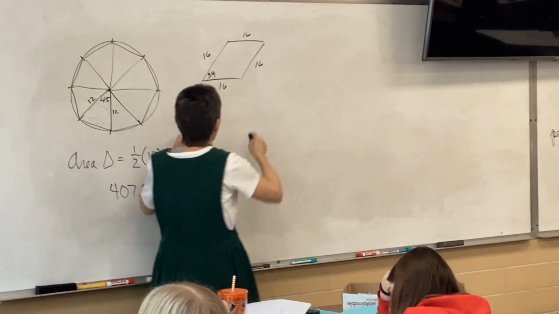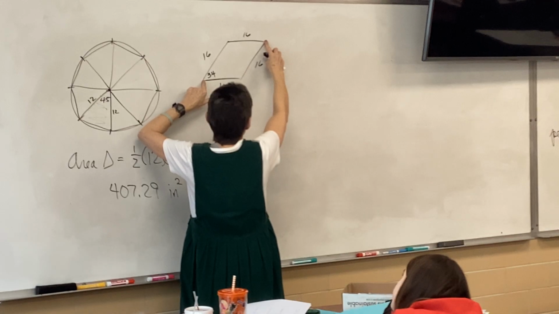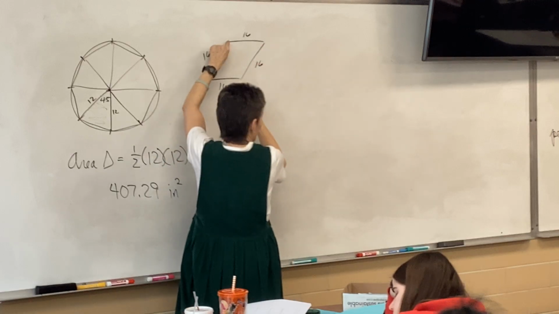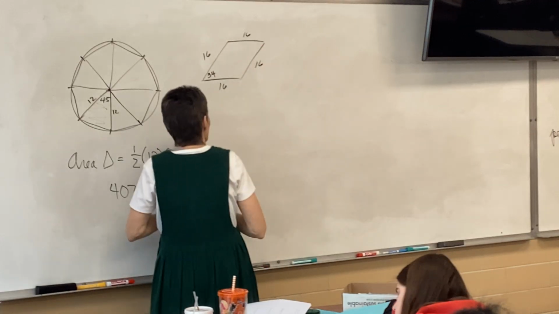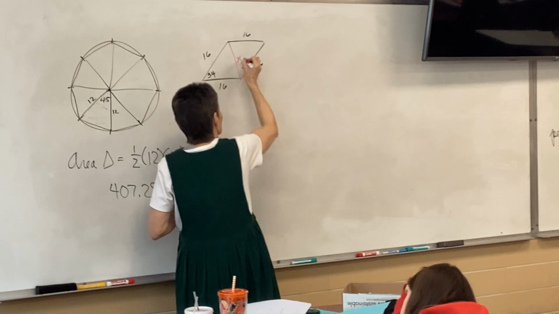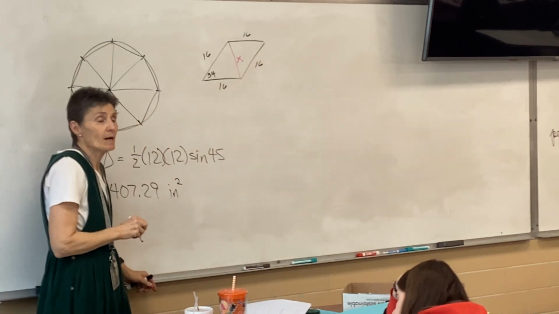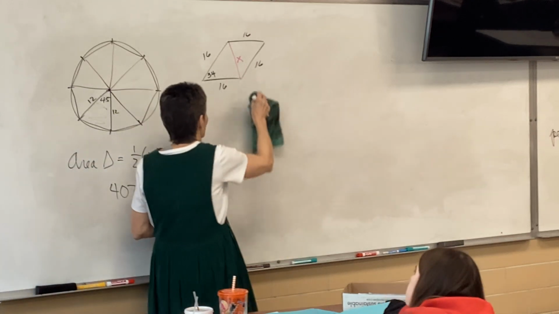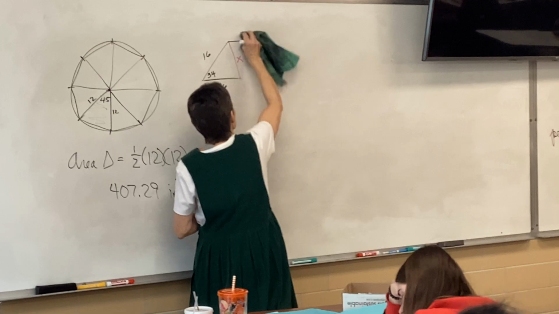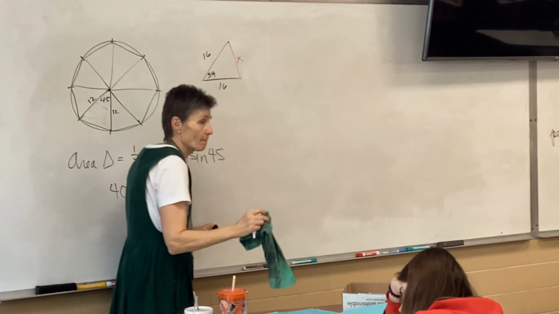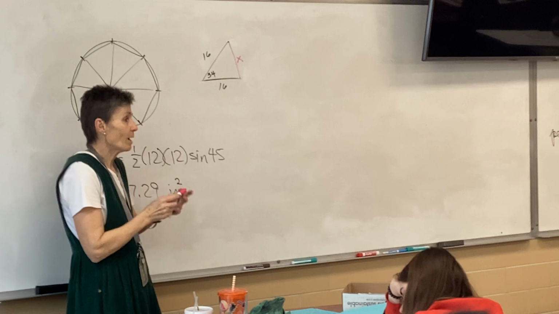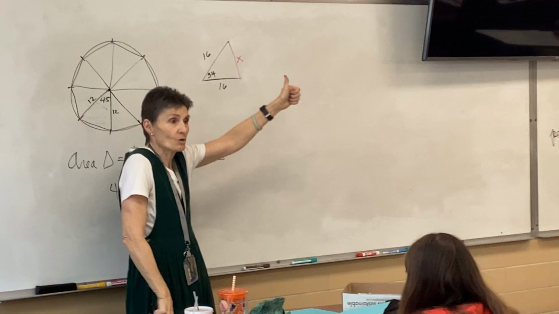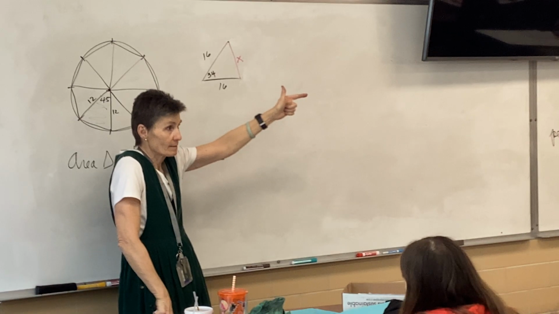So kids, you got to figure that out. Here's one diagonal. Here's another diagonal. Which one's shorter, 1 or 2? 2. So 2 is the one I'm finding. I am not finding area. I am finding the length of that side of the triangle. How do I find sides of triangles? Law of sines or law of cosines?